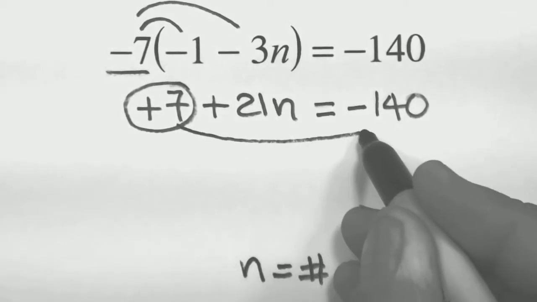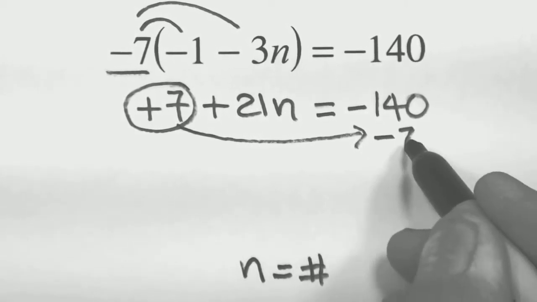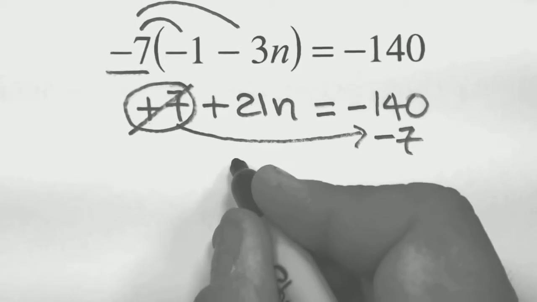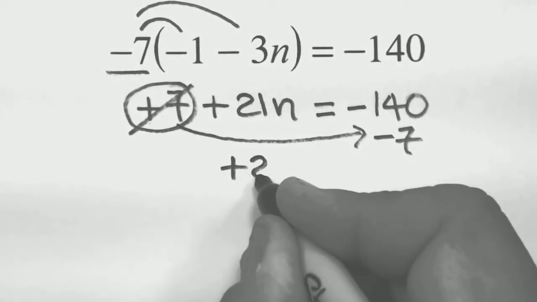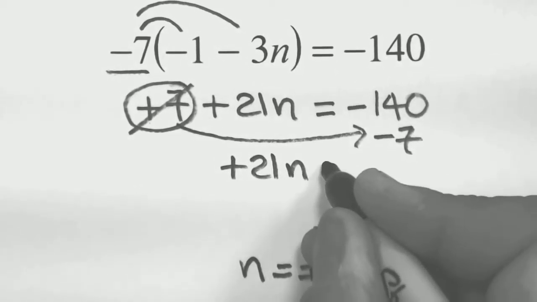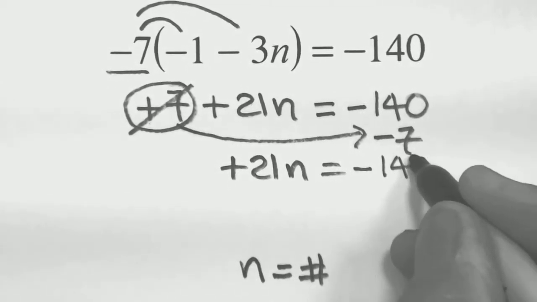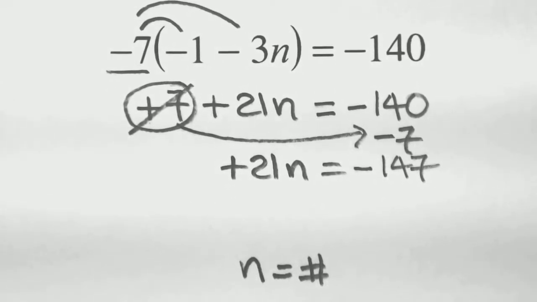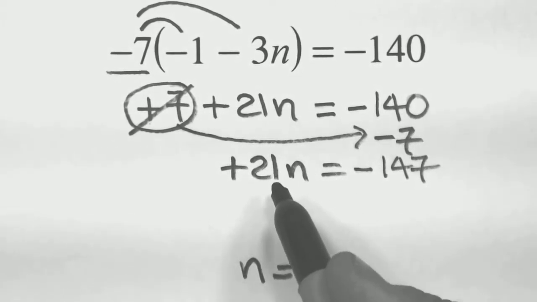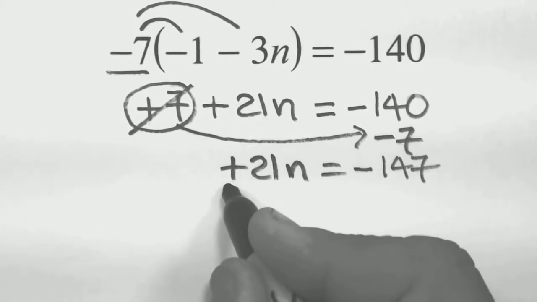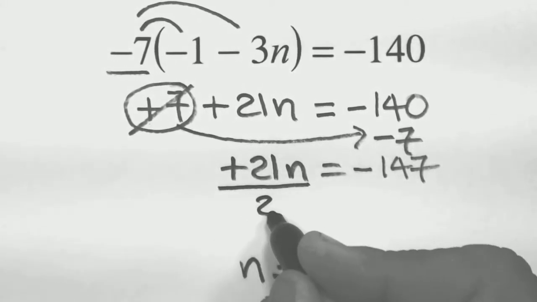The plus 7 comes over as negative 7. Plus became negative, so it's moved. I now have on the left side the plus 21n, and over here on the right side a total of negative 147. Okay, well, one last step to solve this. We have to get rid of this plus 21 times, so I divide by 21.